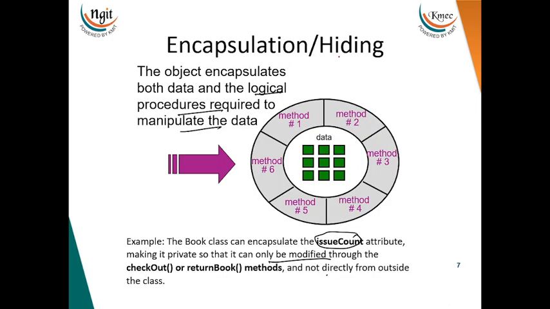Encapsulation, or information hiding. Object encapsulation means both data and logical operations are performed together. We have data and the methods that operate on it: method 1, method 2, and so on.